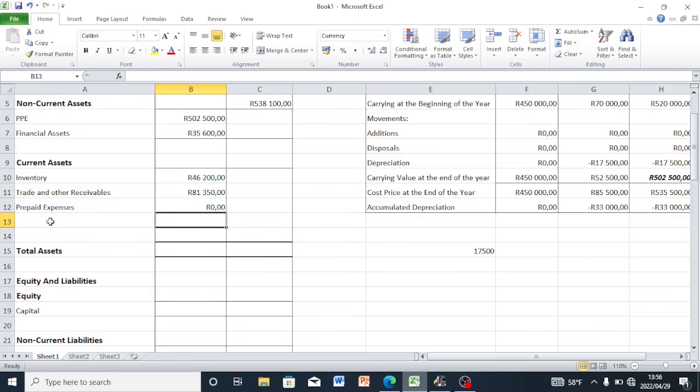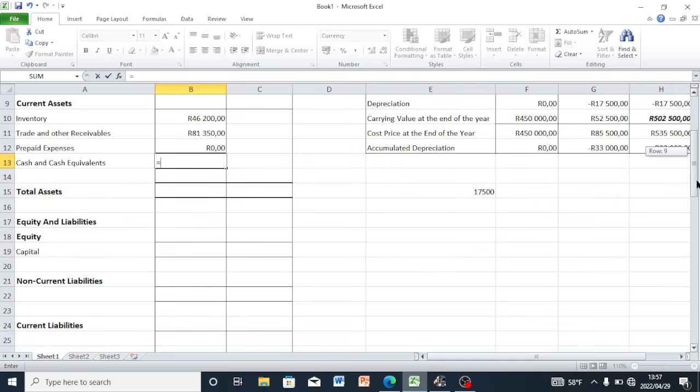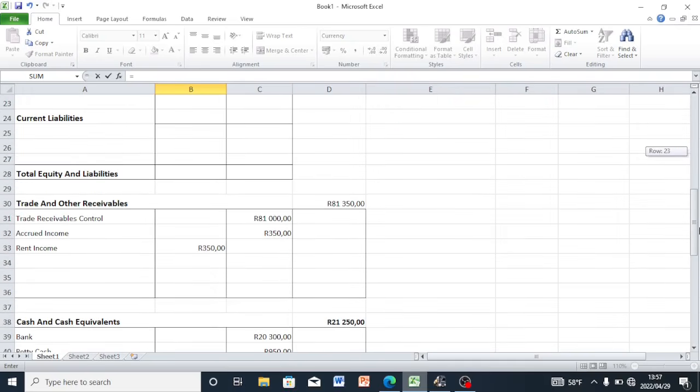Then we move forward. We are going to have our cash and cash equivalents. Under our cash and cash equivalents, we all know again that we should take that total amount we have already done.